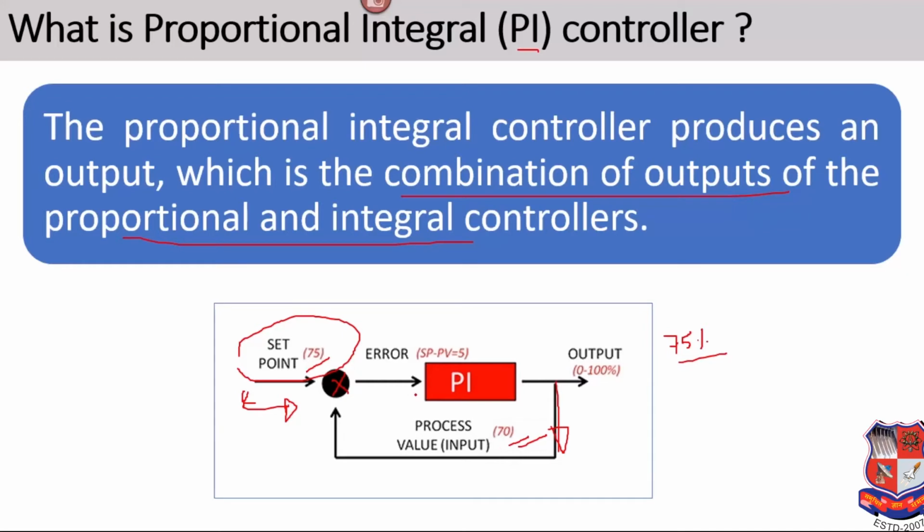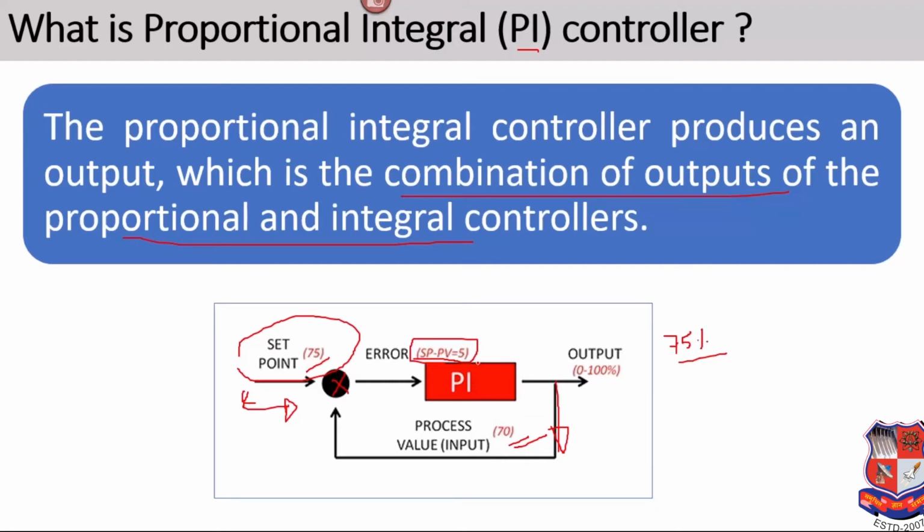This produces a difference between the set point and what we achieve, which creates the error. The set point and process value differ by 5%, which is the error. Ultimately, by using this controller we have to reduce the error.